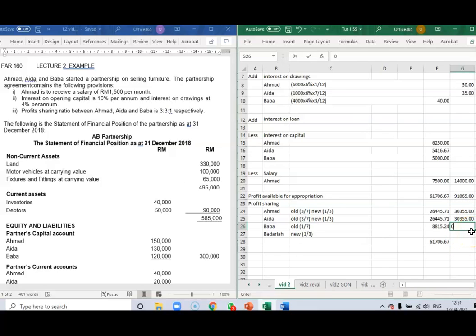Baba will not receive any because he already retired in this period. And Badaria's profit available is multiplied with 1/3. So the amount should be the same as the profit available for appropriations.